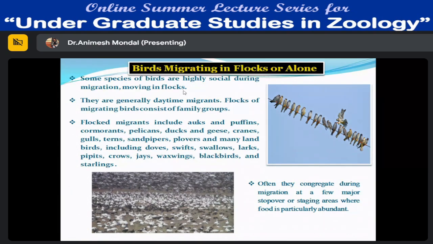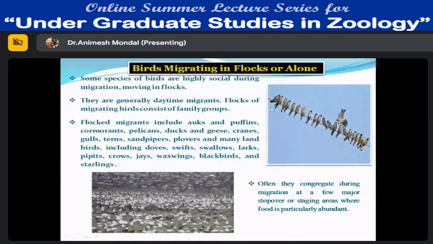Whenever these birds are moving, they generally move in a flock, or they can move alone. It is not necessary that all the birds will move in a flock. Certain birds can move as individuals. Some species of birds are social during migration, and birds which are social generally prefer to move in a flock.